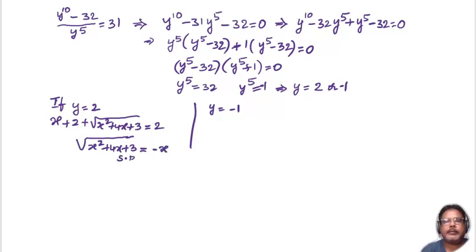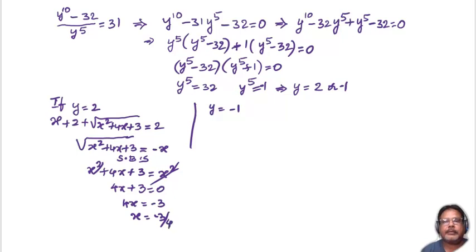So squaring on both sides, you will get x square plus 4x plus 3 is equal to x square. X square cancel. 4x plus 3 equal to 0. 4x is equal to minus 3. X is equal to minus 3 by 4.